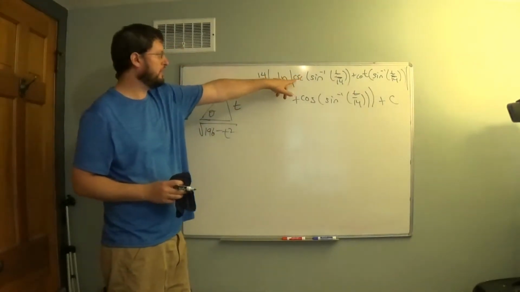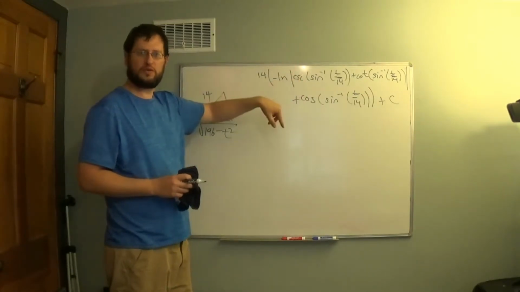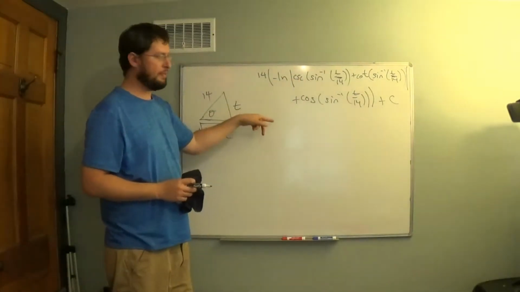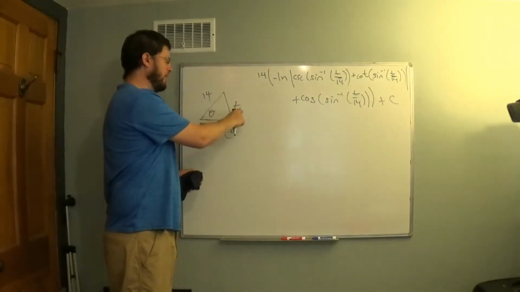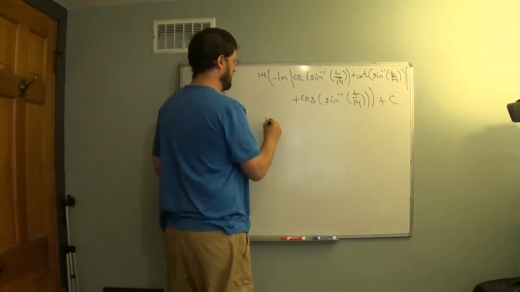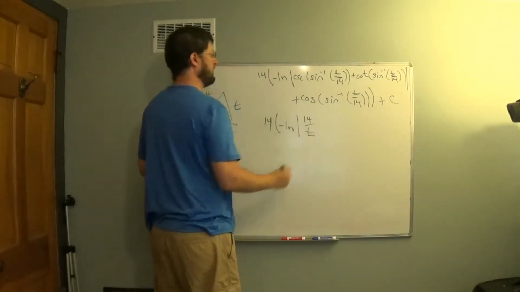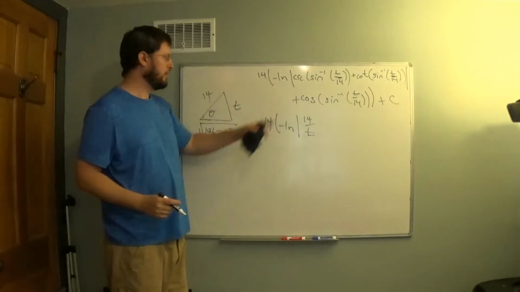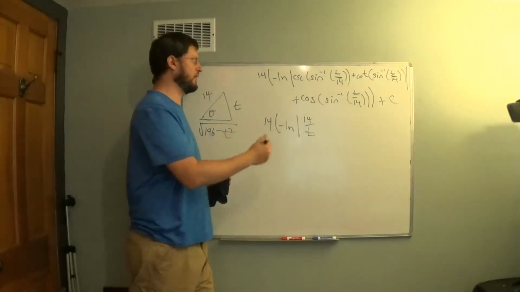Then we just apply the trig that we're looking at. Cosecant. Cosecant is 1 over sine. Sine is opposite over hypotenuse, so this is hypotenuse over opposite. Hypotenuse over opposite is 14 over t. So that's the cosecant. Cotangent. Well, tangent is opposite over adjacent, so cotangent is adjacent over opposite.